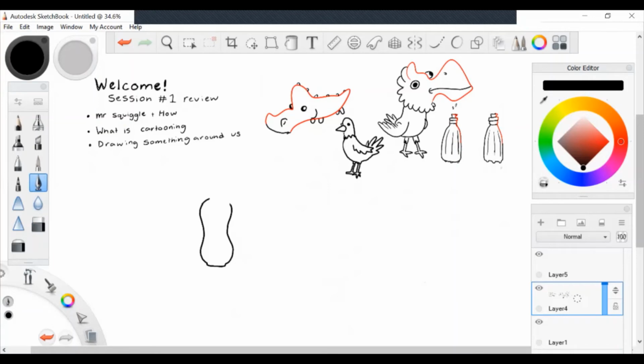This is what happens when you don't know what shapes you're using. And then you got this, and that was her drink bottle. Well, we actually had some little lines through here. This is her drink bottle.